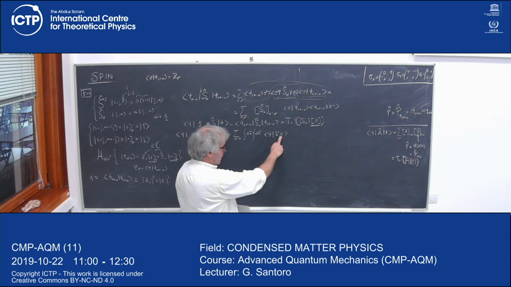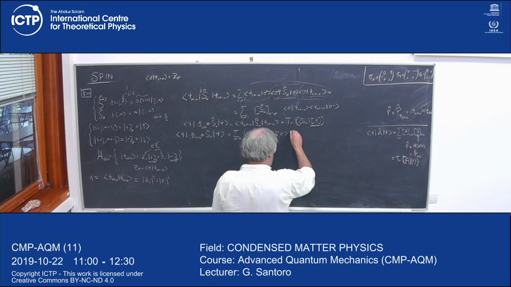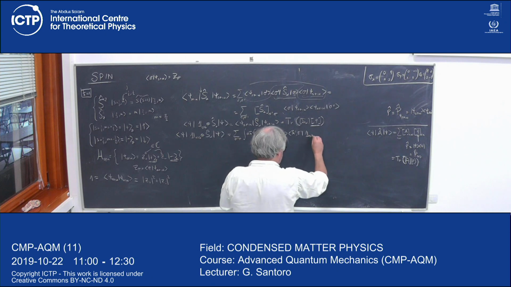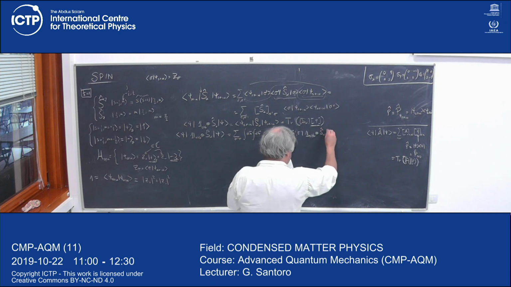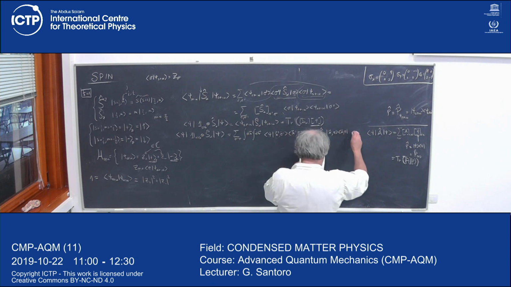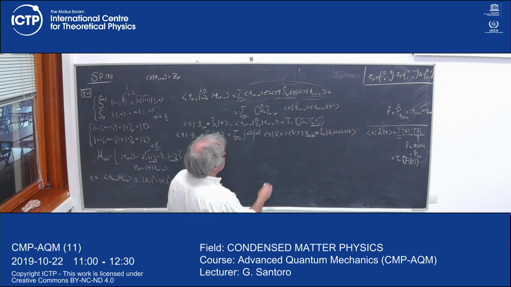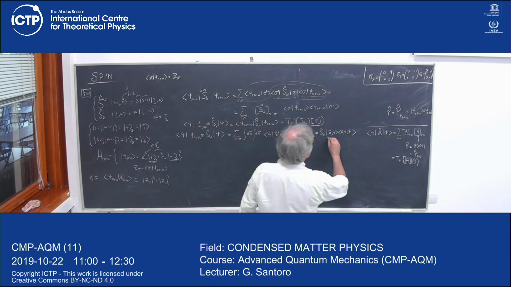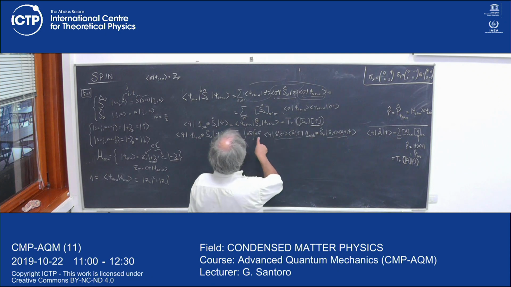Position eigenstate x prime and spin sigma prime, and then I have x prime, sigma prime, and identity in the orbital and the spin, and then x and sigma, and then the psi. I simply inserted this identity, you see, with the integral and the sum.